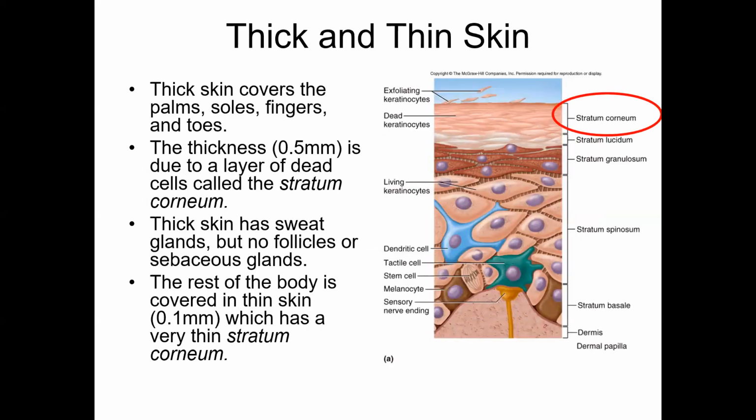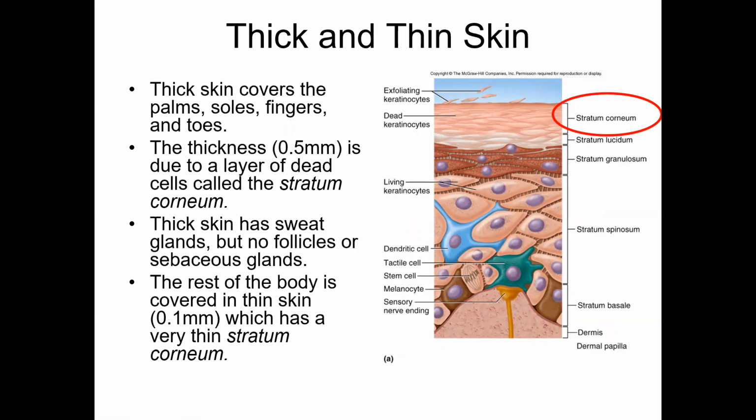Now, when we look at the epidermis, the outer layer of skin, there are two different types of epidermis, thick skin and thin skin. Thick skin is what covers the palms of your hands and the soles of your feet. The extra layer there is due to more dead cells on the outer surface, the stratum corneum and the stratum lucidum just below that.